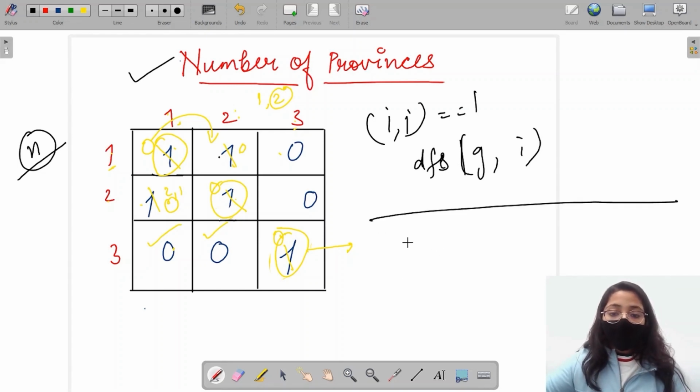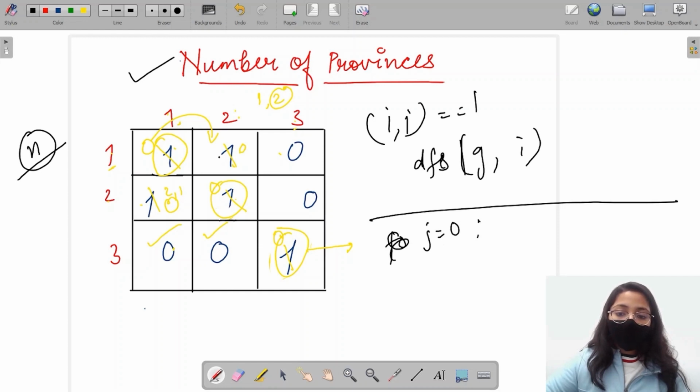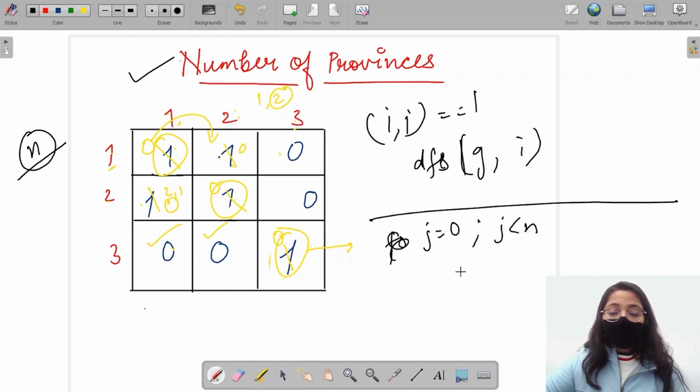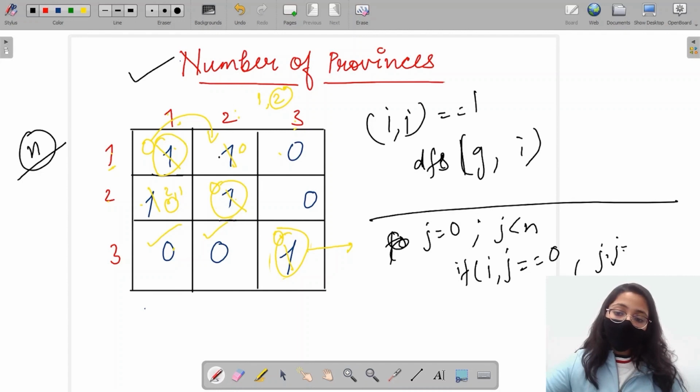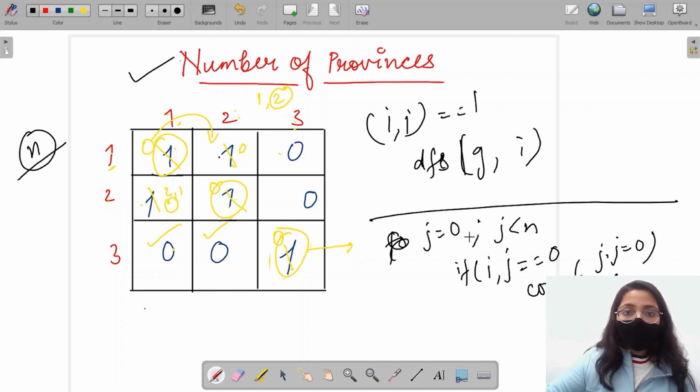Then in DFS we are going to work for all the columns, that is J from 0 to N. Okay, and in this we need to check two things, that if I comma J is 0, or if J comma J is 0, then we are going to continue. Otherwise, we are going to call DFS for that column.